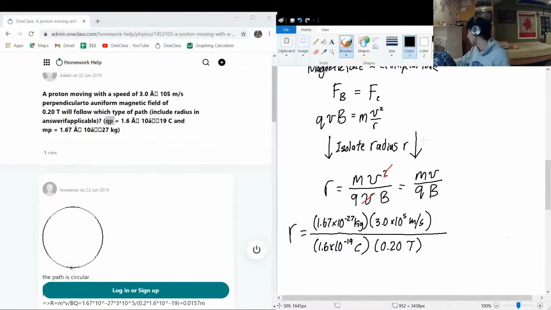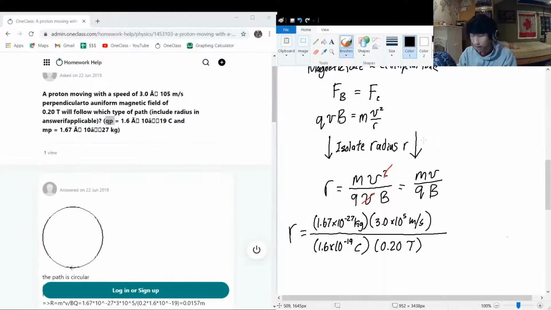Okay, so we would just need to calculate this. Let me just grab my calculator. My TI-84 calculator. It's an excellent calculator if you're doing some advanced math. So let's calculate this whole thing. 1.67 times 10 to the power negative 27, multiplied by 3 times 10 to the power of 5, and divide that whole thing by 1.6 times 10 to the power of negative 19 multiplied by 0.2.